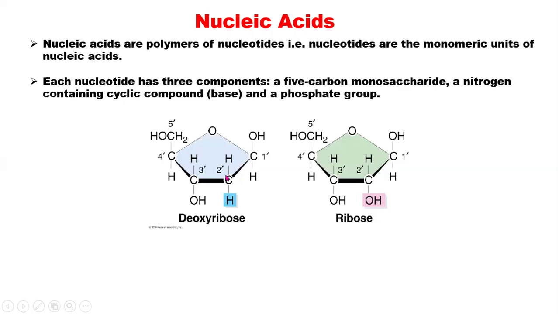In carbon 2, look at the H here. Carbon 2 has H in deoxyribose, while in ribose, carbon 2 has OH. So deoxyribose is in DNA, deoxyribonucleic acid, and ribonucleic acid has ribose sugar because it has OH at position 2. So take note of this difference.